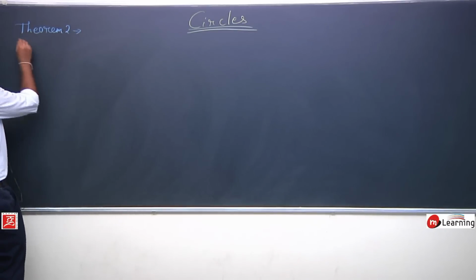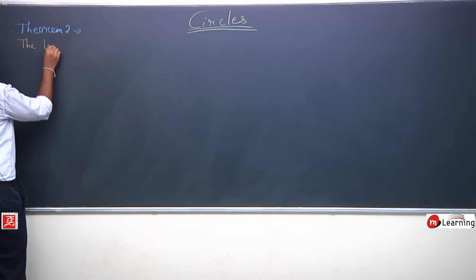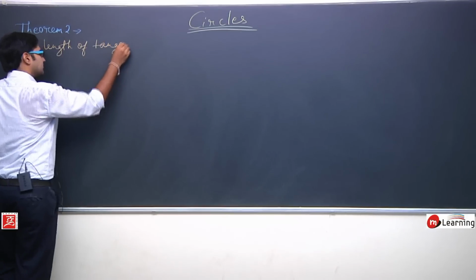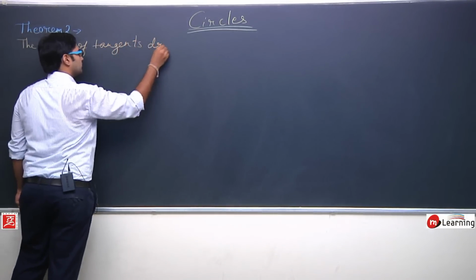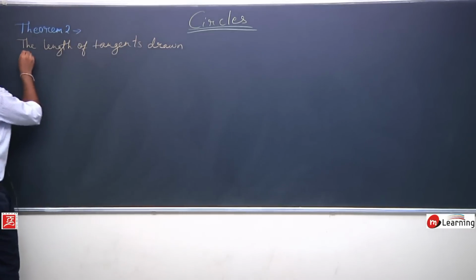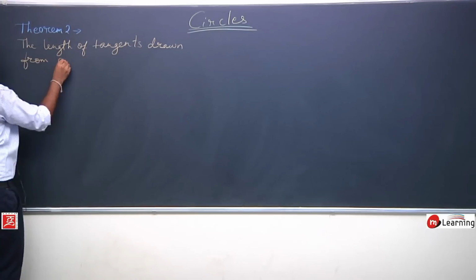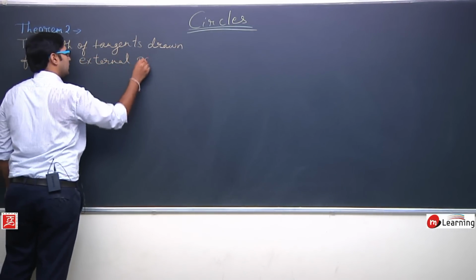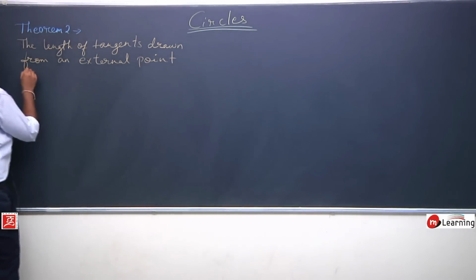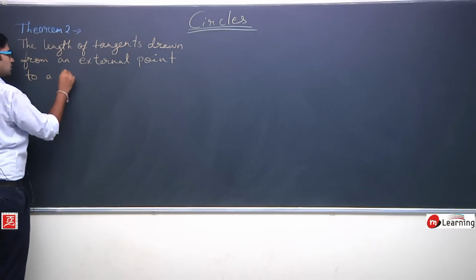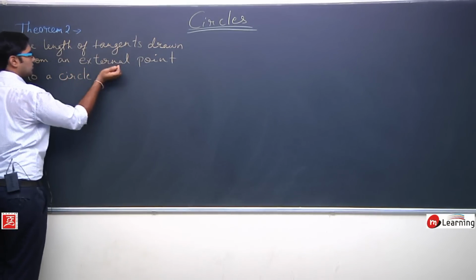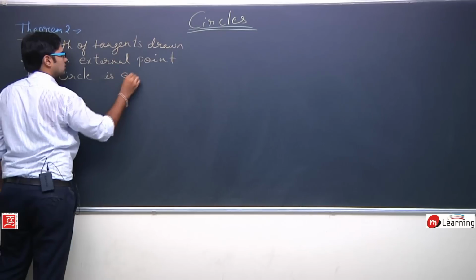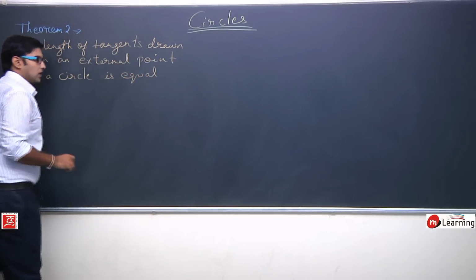The statement of the theorem is: the length of tangents drawn from an external point to a circle is equal.